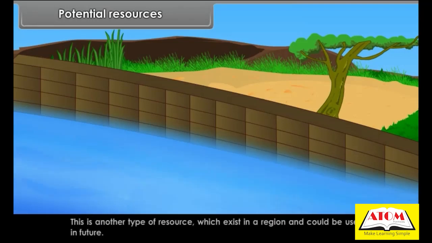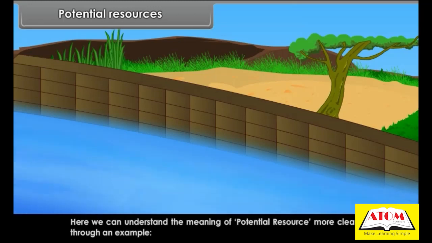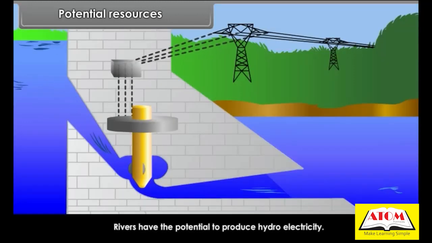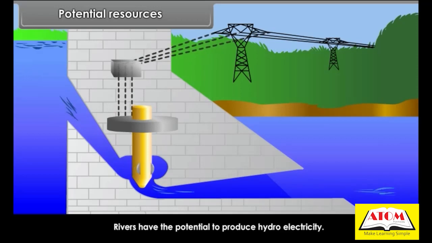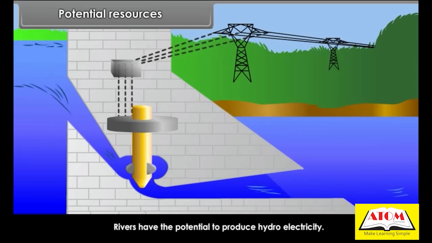This is another type of resource which exists in a region and could be used in future. Here, we can understand the meaning of potential resource more clearly through an example. Rivers have the potential to produce hydroelectricity.